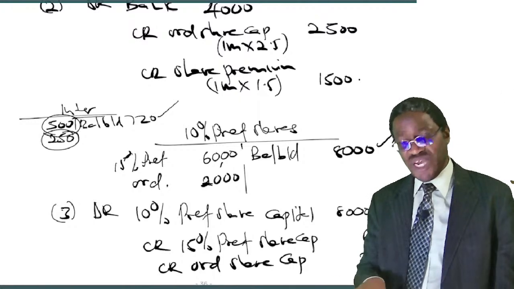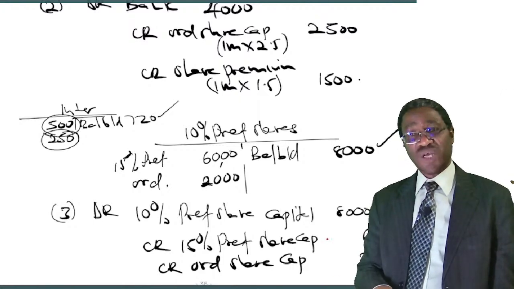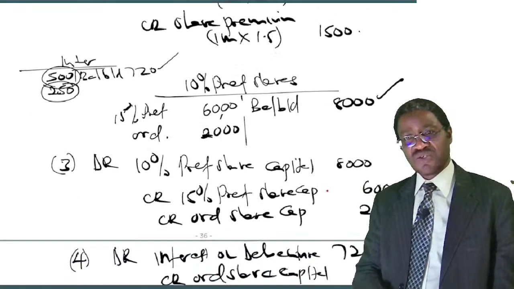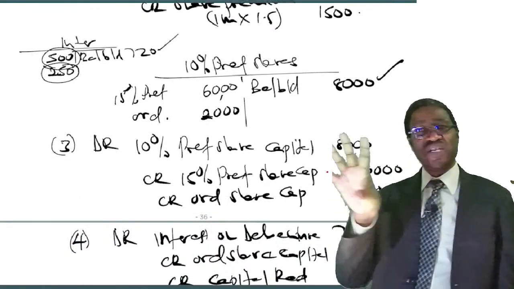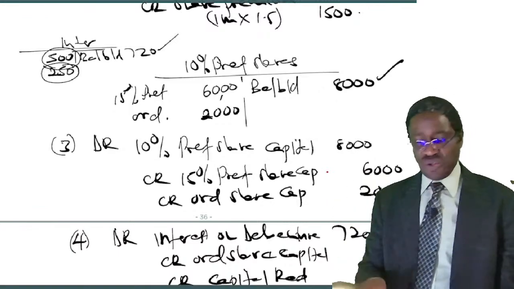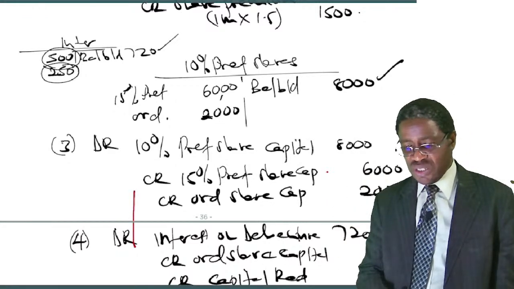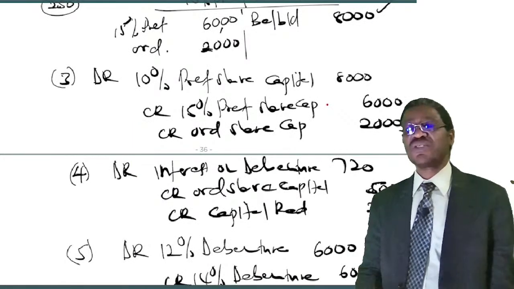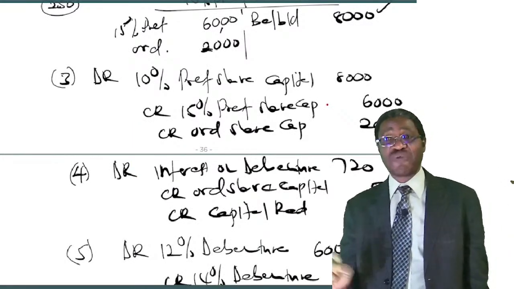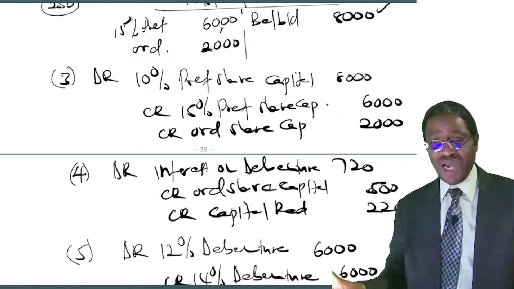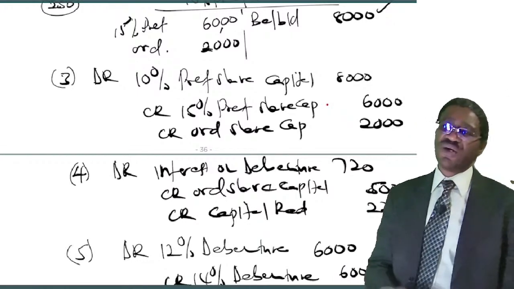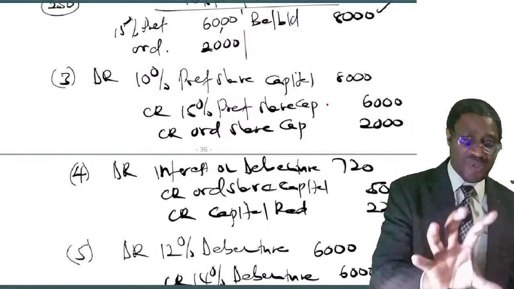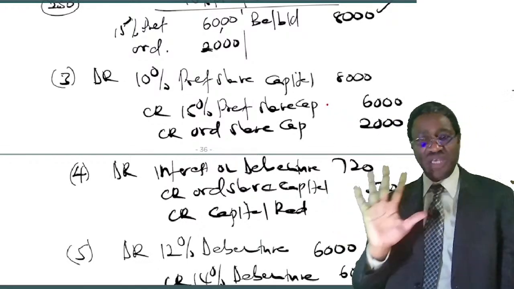So we concluded it's 6 million worth of preference and 2 million worth of ordinary. So you are cancelling the 10% and replacing it with those two. Our double entry for number 3 was: debit 10% preference to cancel it, credit 15% preference, and credit ordinary shares worth 2 million, to issue ordinary and preference to replace the 10%. That is okay.